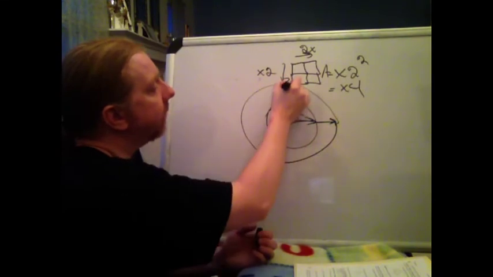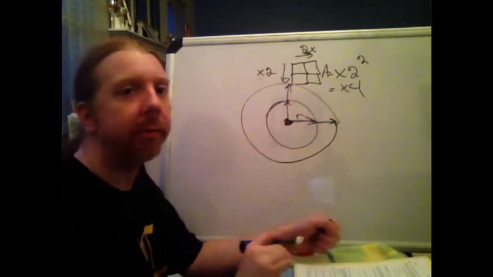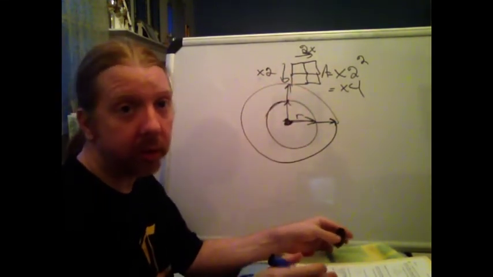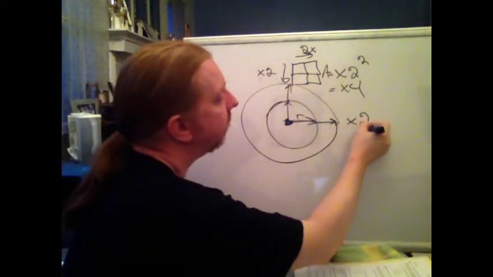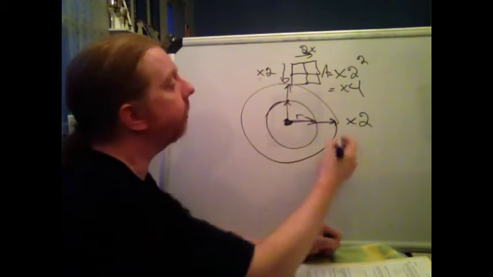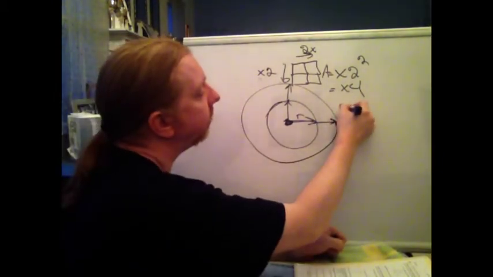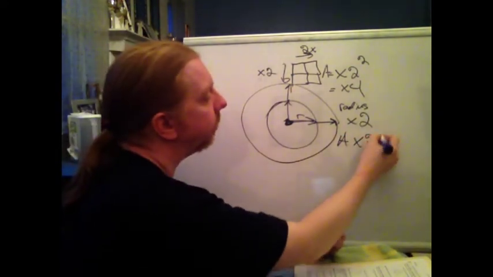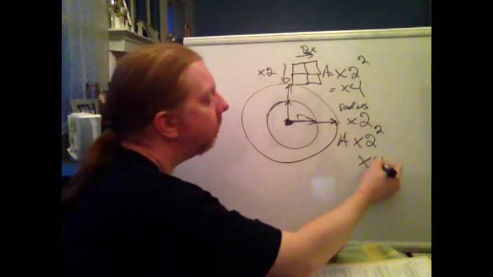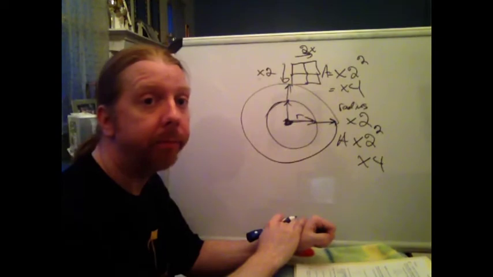So it's like doubling the height and the width. So, in the case of a circle, if I increase the radius by a factor of 2, I'm going to increase the area by a factor of 2 squared, or a factor of 4.